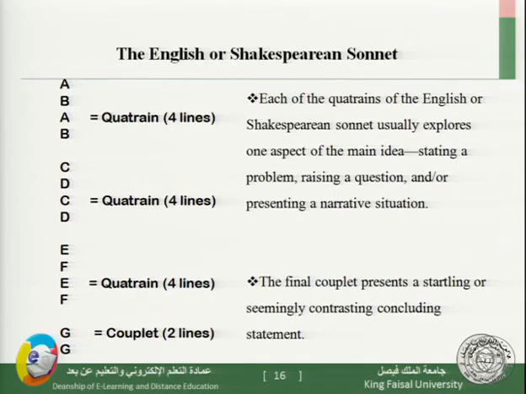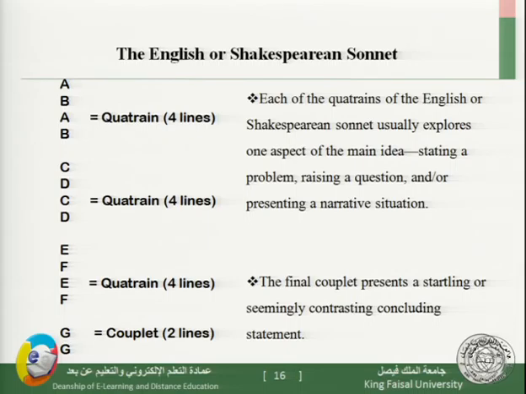Each quatrain of the English or Shakespearean sonnet usually explores one aspect of the main idea. So there is one main idea, and each of the 3 quatrains would explore one aspect of it, stating a problem, raising a question, or presenting a narrative situation.